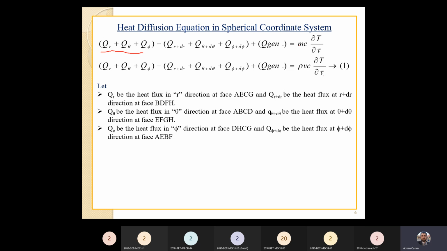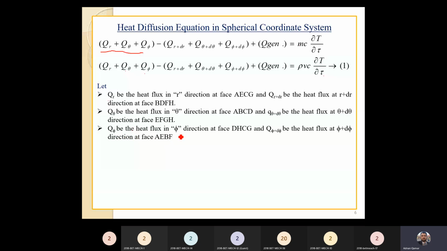Okay. So I have already defined what is Qr, the heat flux in r direction at face AECD, and Q r plus dr is the heat flux in r plus dr direction at face BDFH. And in a similar manner, Q theta and Q phi are also explained. Q theta is the heat flux in theta direction at face ABCD, and Q theta plus d theta is the heat flux in theta plus d theta direction at face EFGH.